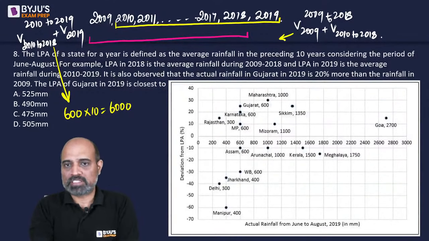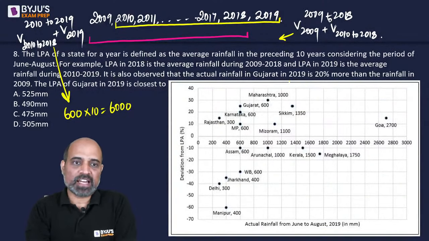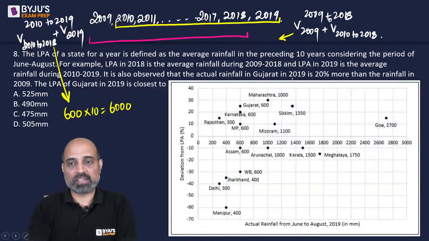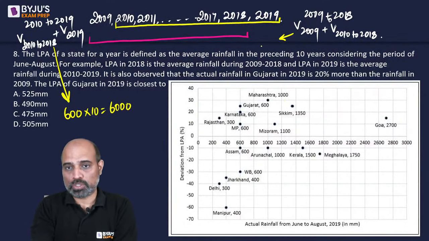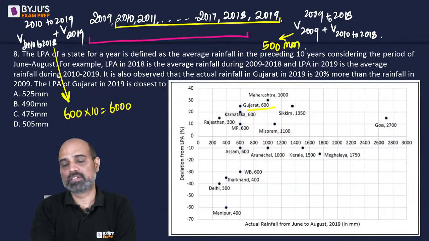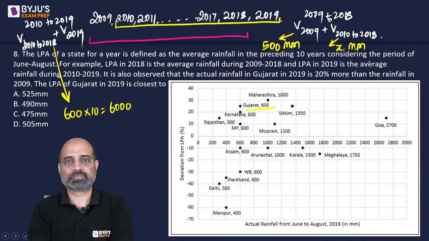And if you talk about this year, it is given that 2019 is 20% more than the rainfall in the year 2009. So 2009 का अगर केवल देखें हम लोग, that is going to be 600. तो 600 किसका 20% ज्यादा है? So this is going to be 500 mm alone here, and this is going to be, इसको मैं मान लेता हूं x mm, right? Okay.